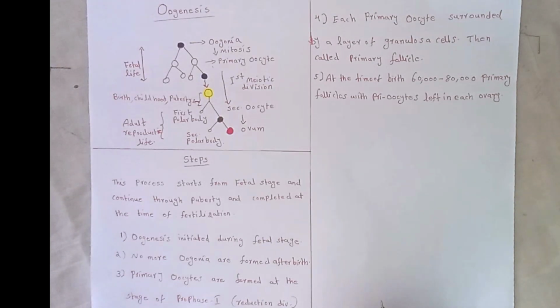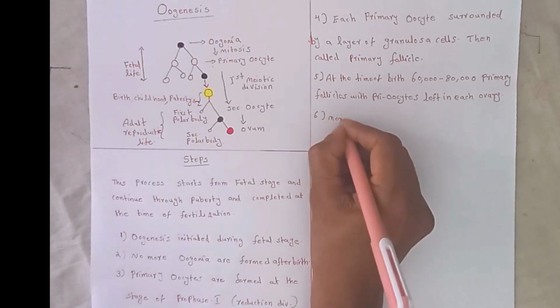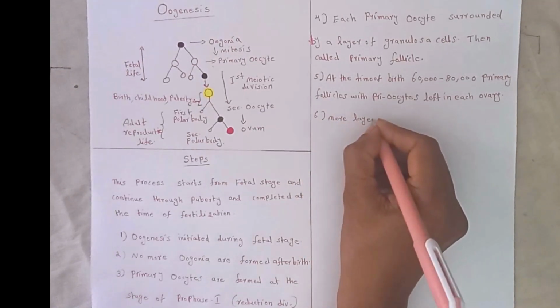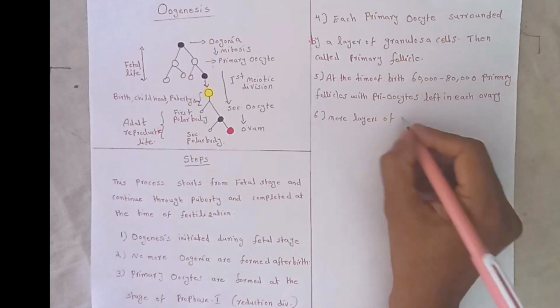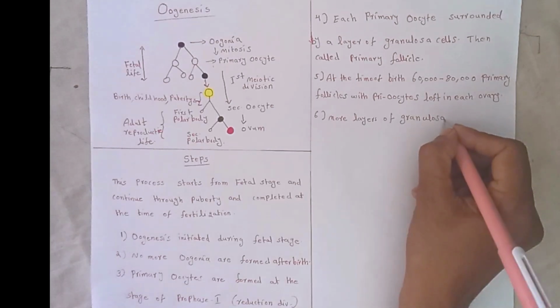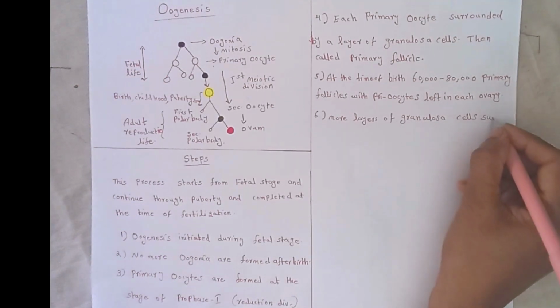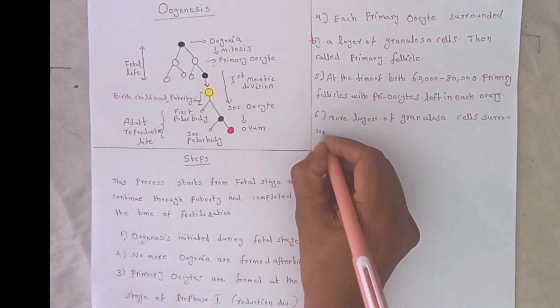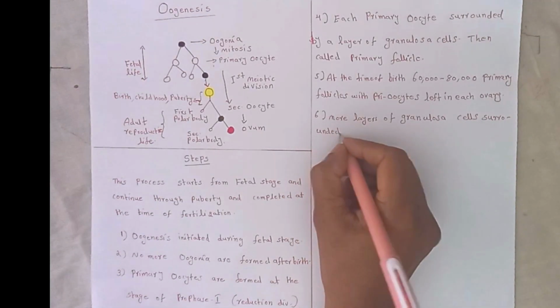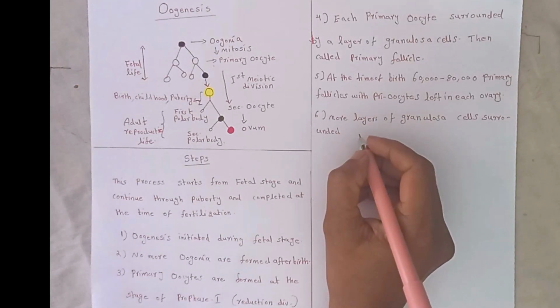Here more layers of granulosa cells and a new theca are formed, that is known as secondary follicles.